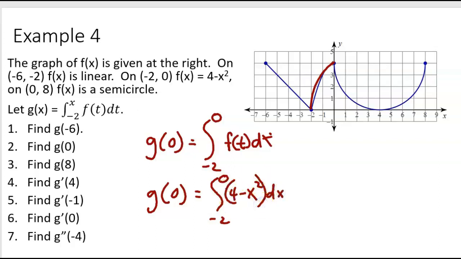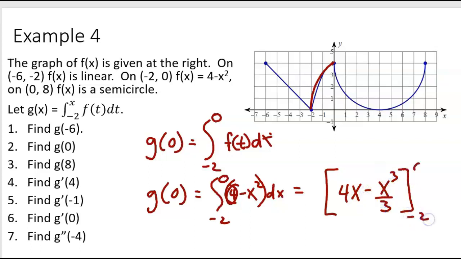Okay, so here we go. The integral of 4 is 4x, and the integral of x squared is x cubed over 3. And then we're going to go ahead and plug these numbers in.